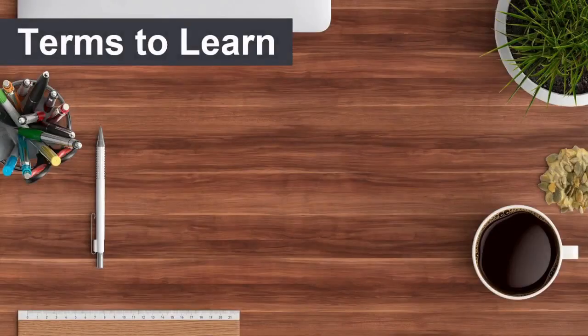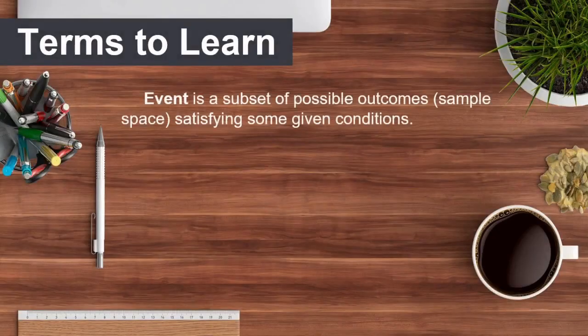Okay. Next term, event. So event is a subset. So if we have a sample space, we will get part of that, a subset of possible outcomes satisfying a given condition. So this time around, there's a condition, and so we could list down the possible outcomes that will satisfy that condition.